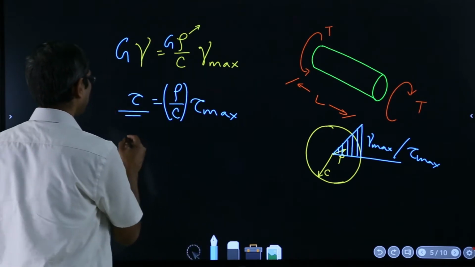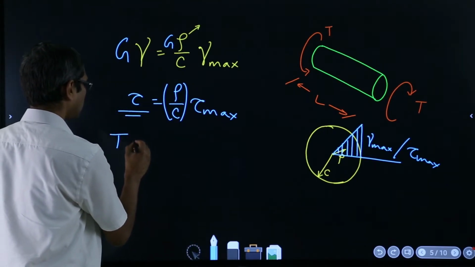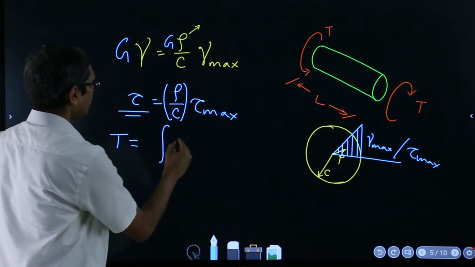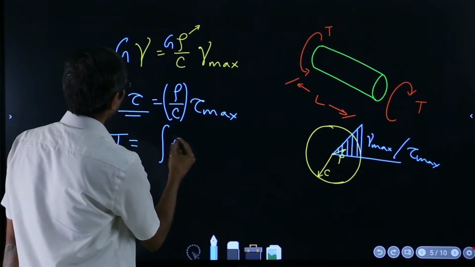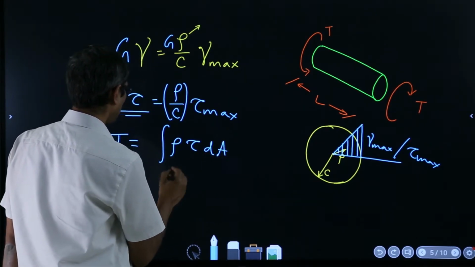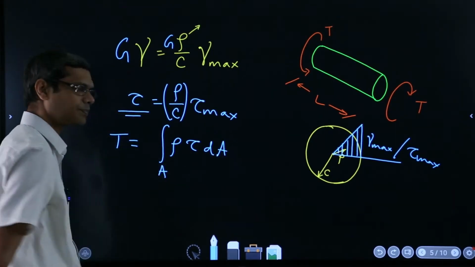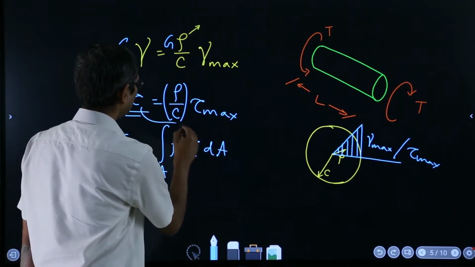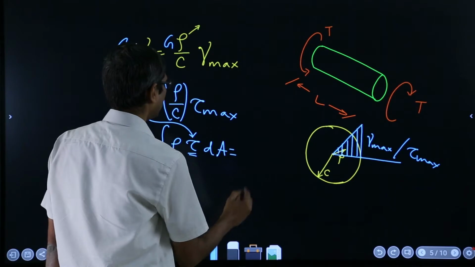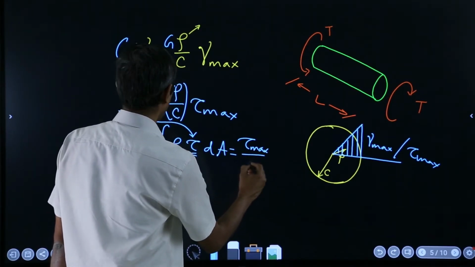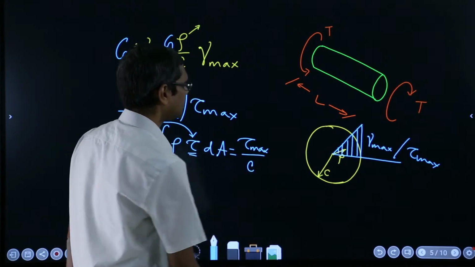So, now we can write the expression as the torque equal to the integral of rho times tau dA over the full area. In place of tau, we can simply substitute tau max over C, which is a constant.